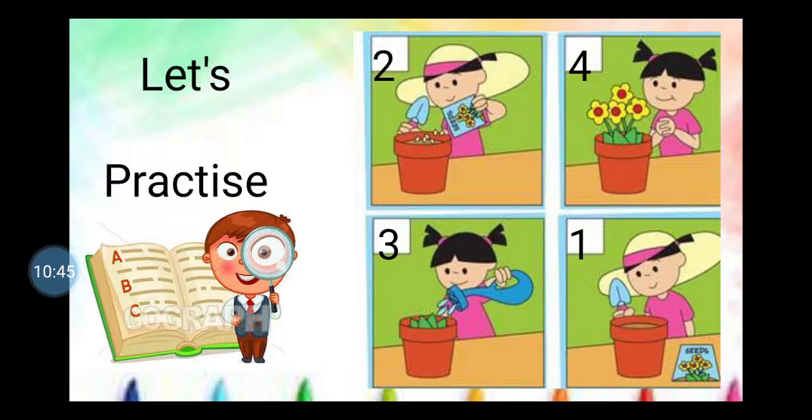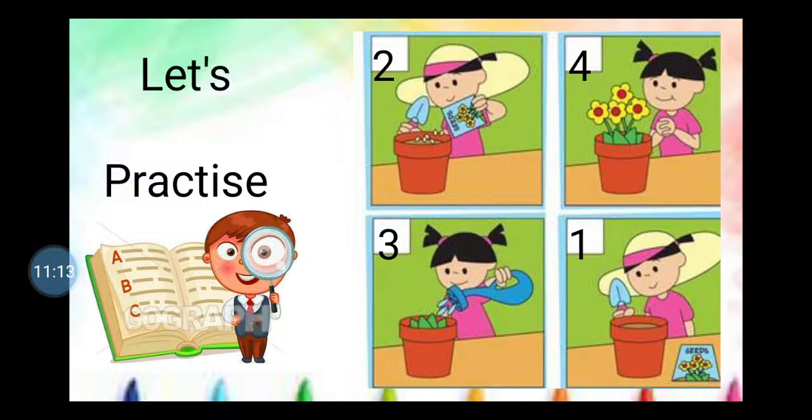Now see, in the first picture you can say, little Carol sees an empty pot. Then in the second picture, she pours some plant seeds into the mud pot. In the third picture, she waters it daily, right?